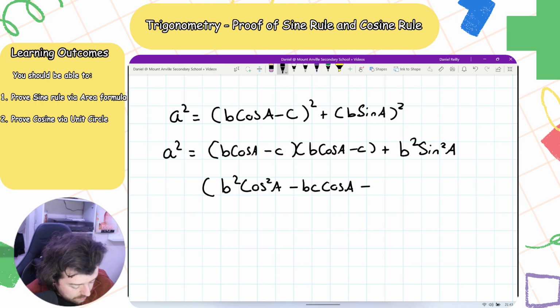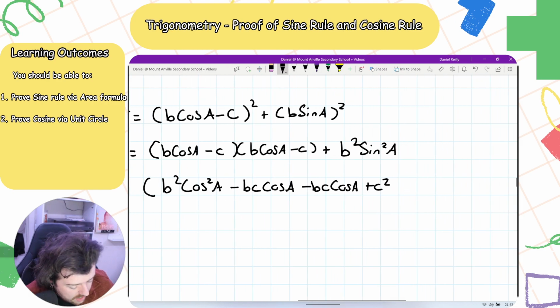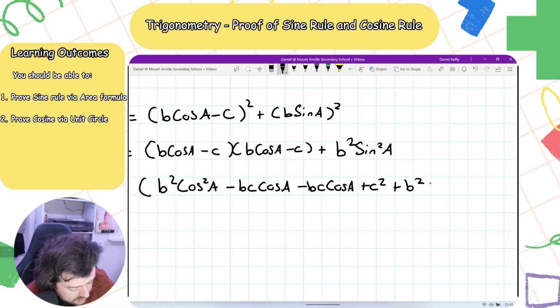Minus c times b cosine A is minus bc cosine A. And minus c times minus c is plus c squared. And then finally, plus b squared sine squared A.